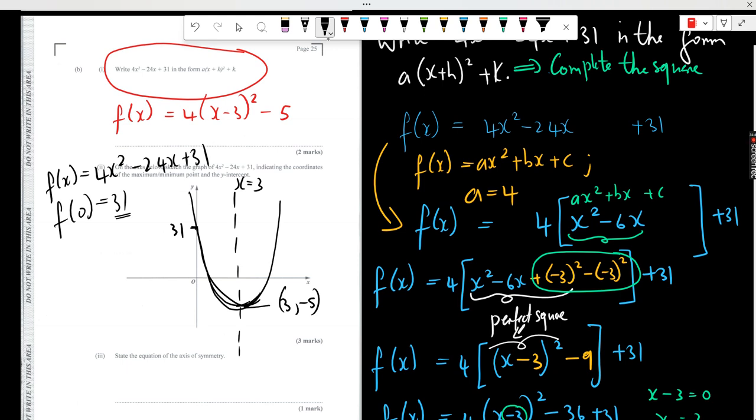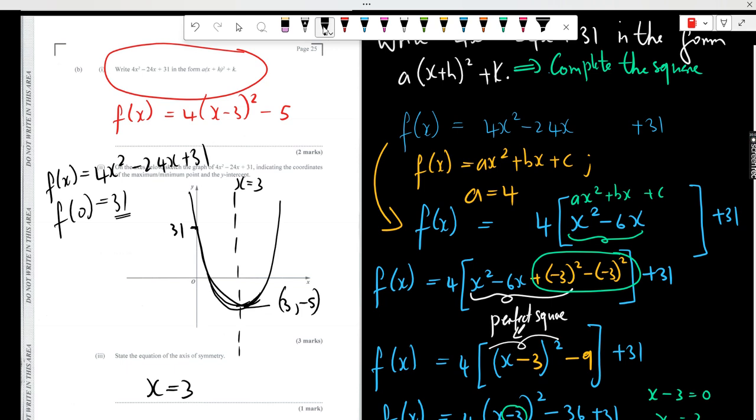State the equation of the axis of symmetry. That equation is x equals 3, okay? So the equation of the axis of symmetry is always x equals something when you talk about a quadratic, and it is the x coordinate at the turning point, right?